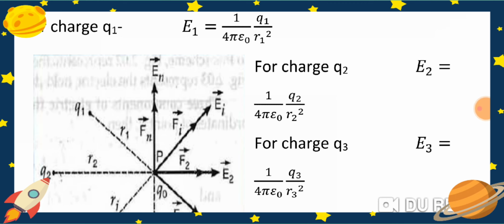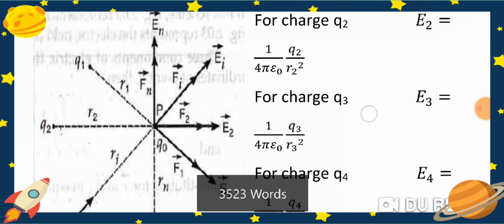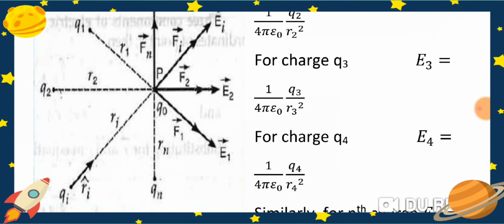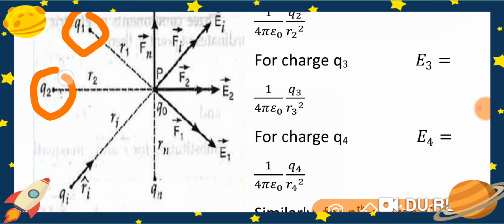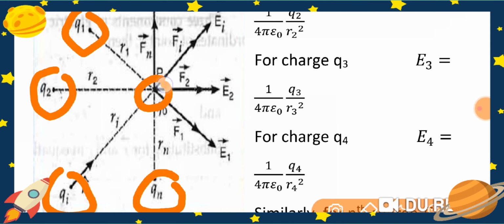Now, firstly we discuss the diagram. In the diagram you can see we have many charges like Q1, Q2, Qi and up to Qn, and their positions from any fixed point P are R1, R2, Ri and Rn.